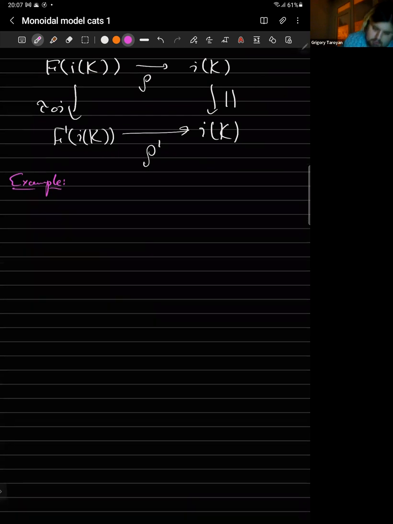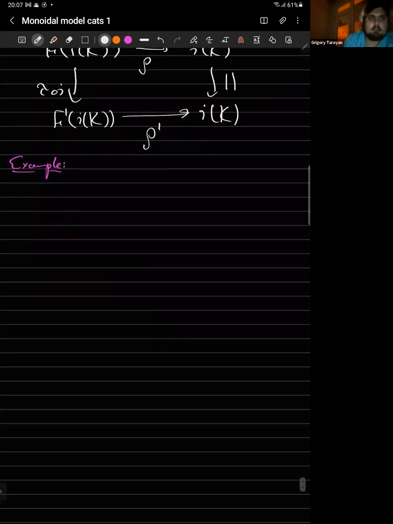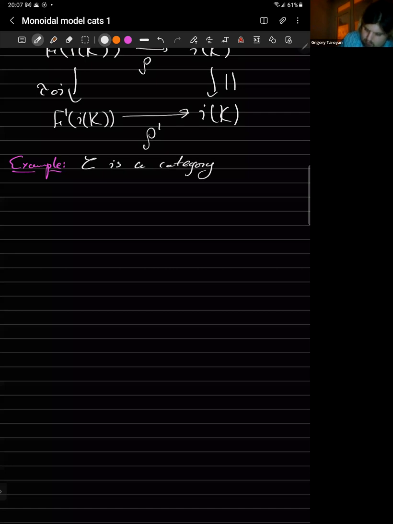So let me give you an example of C algebra structure and C algebra functors. So C is the category of left R modules.